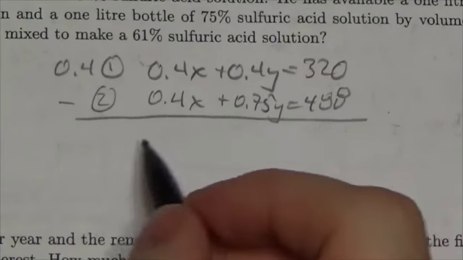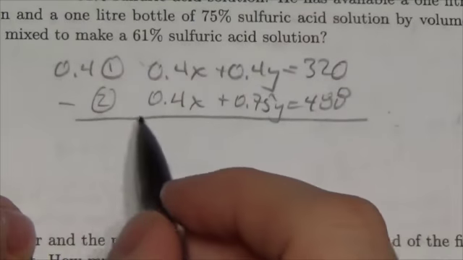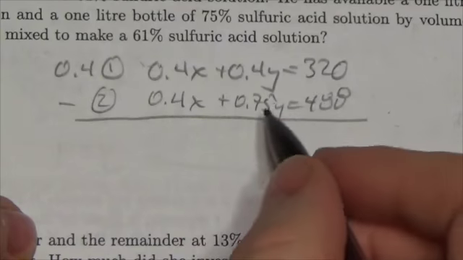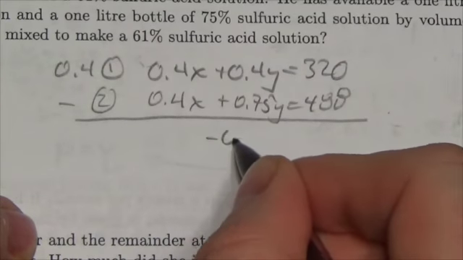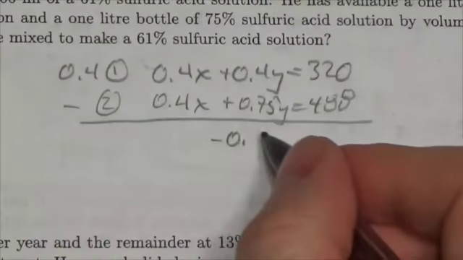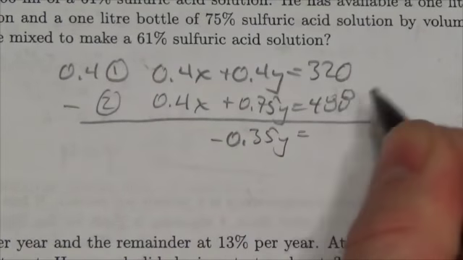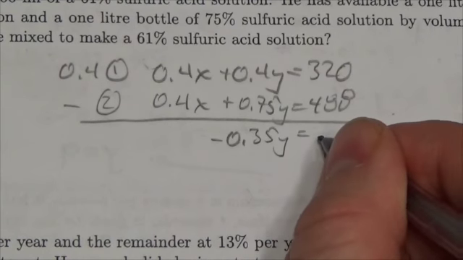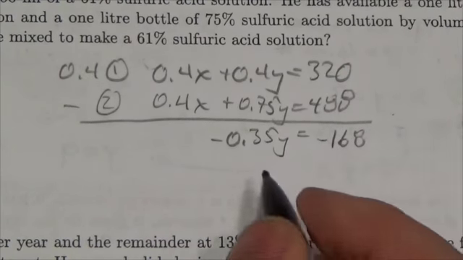So now all we've got to do is subtract those two equations. So 0.4 minus 0.4 goes away. 0.4 minus 0.75 is going to be negative 0.35y. And then 320 minus 488 is going to be negative 168.